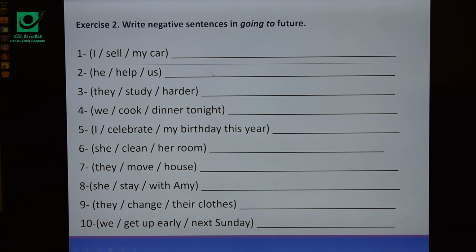He is not going to help us. They study harder. They are not going to study harder. We cook dinner tonight. We are not going to cook dinner tonight. Okay, that's enough.